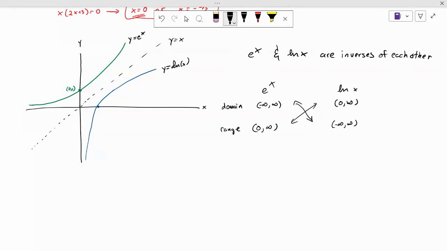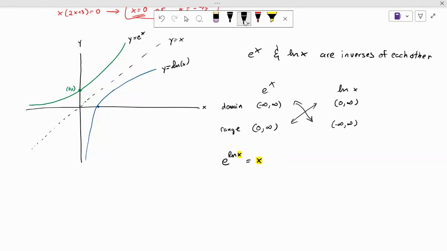And since these are inverses, we get the equations where e to the log x is equal to x. If you compose inverses, you just get the argument back. So they kind of annihilate each other, if you will, to use dramatic words.